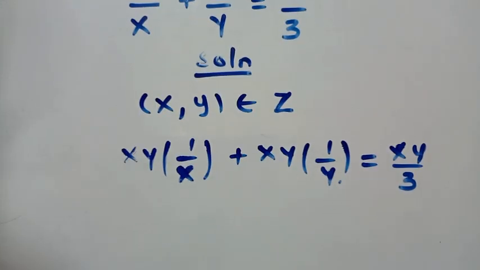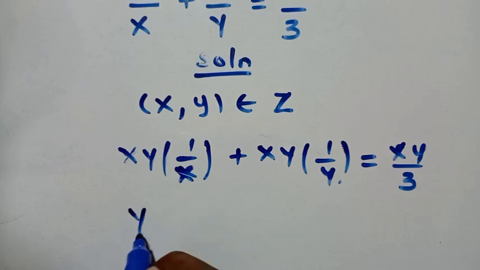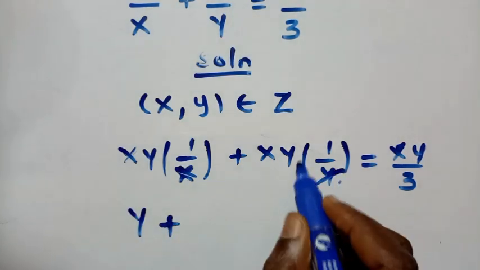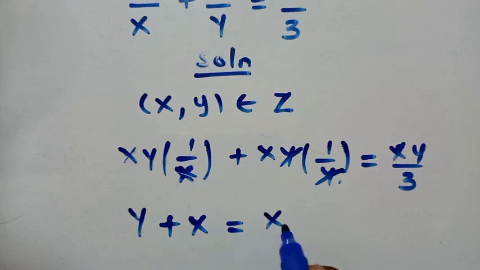And then x cancels x, so we have y, plus y cancels y, plus x equals xy divided by 3.